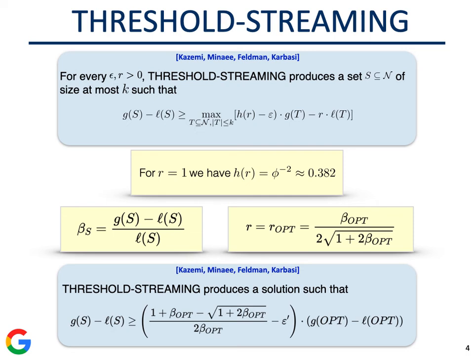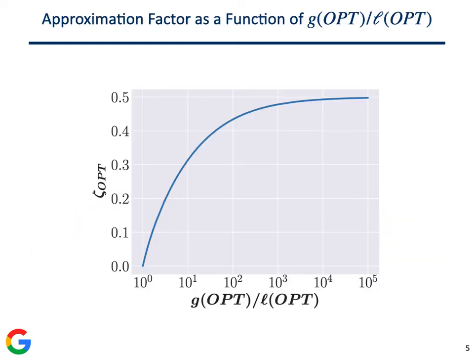By knowing the value of beta opt, by the way, in the paper we explain how to guess it, we can find a value for r which makes our theorem yield the strongest guarantee. From the definition of beta opt, it can be observed that for larger values of beta opt, the effect of the modular cost function over the utility diminishes and f gets closer to a monotone and non-negative submodular function.